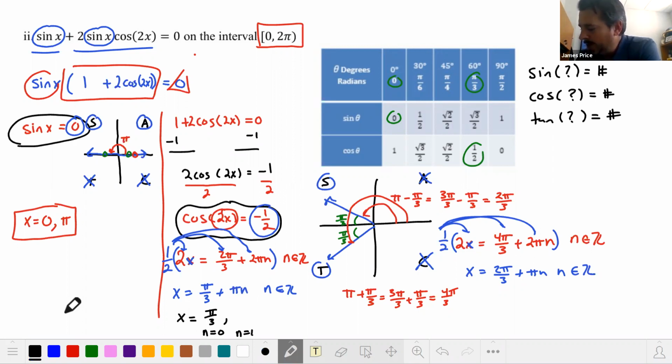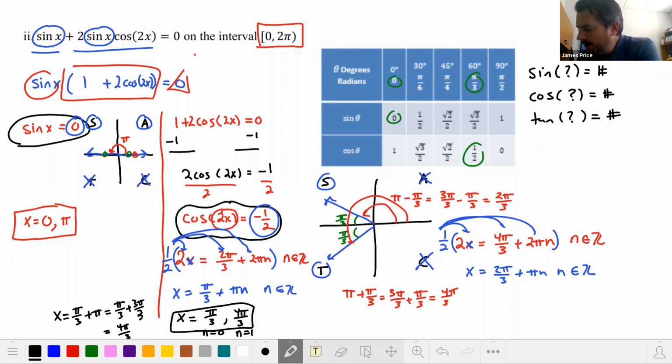So x is going to equal, so we're just going to simplify this, pi over 3 plus pi times 1, which is pi, which equals pi over 3, find a common denominator, so 3 pi over 3. And of course, that's equal to 4 pi over 3. And so my second answer is 4 pi over 3.